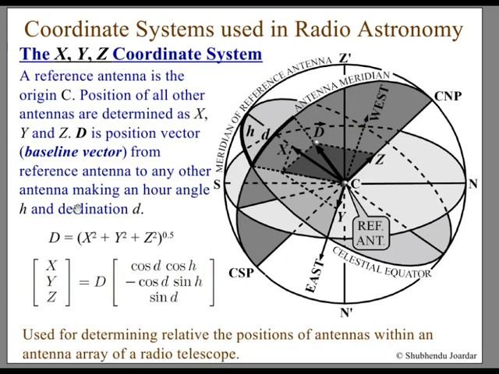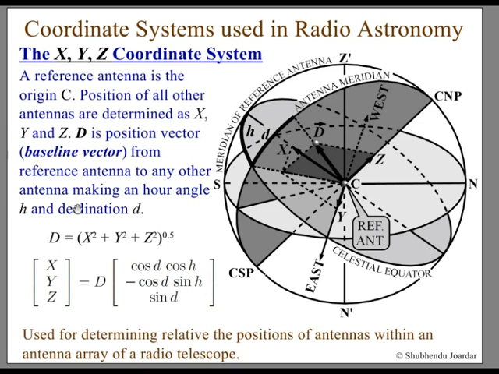Now, this coordinate system, the XYZ coordinate system, may be only for radio astronomy. The diagram looks very complicated, so let us first talk about it. While doing mapping, maybe one or two in this audience have made radio images out of radio data.